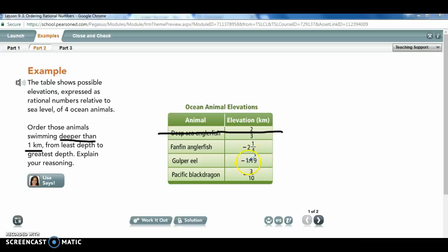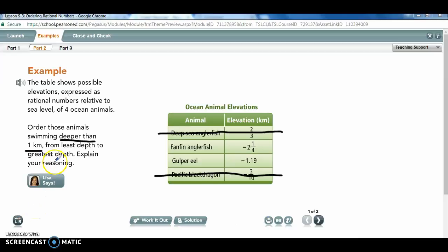And the Pacific black dragon is -3/10, so that does not go down 1 kilometer. So this is also one that's going to be crossed off of our list.